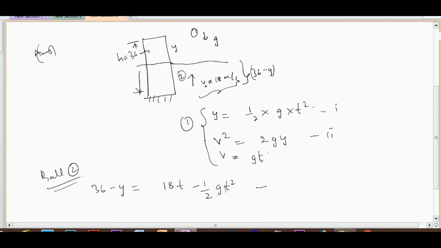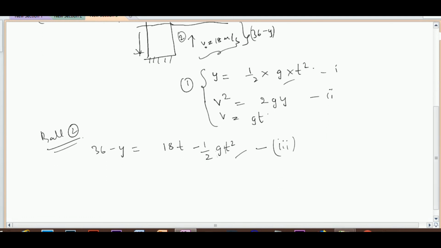So I got 4 equations and how many unknowns? 3 unknowns. So I hope I can easily solve them. Simply add up equation 3 and equation 1, so that we'll get 36 is equal to 18t, and finally we'll get t is equal to 2 seconds.